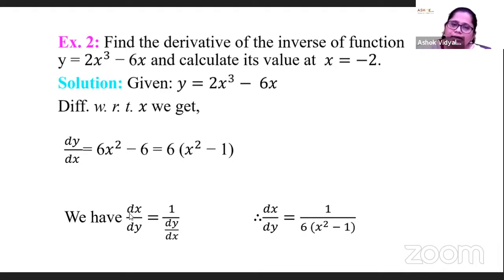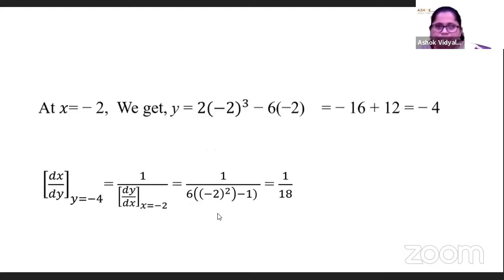We know that dx by dy is equal to 1 upon dy by dx. Therefore, dx by dy is equal to 1 upon 6 times x square minus 1. We just put the value of dy by dx in this term. Then at x is equal to minus 2, we get function y is 2 into minus 2 raised to 3, minus 6 into minus 2, which is minus 16 plus 12 is equal to minus 4.